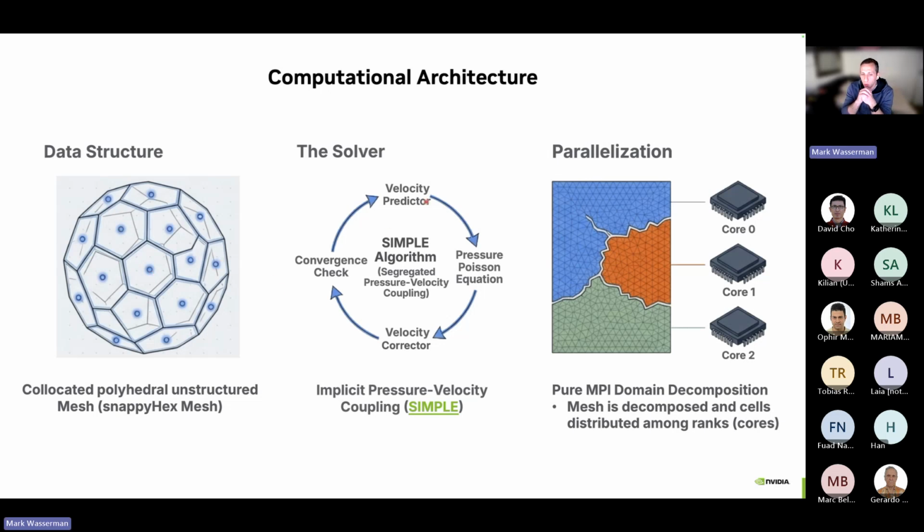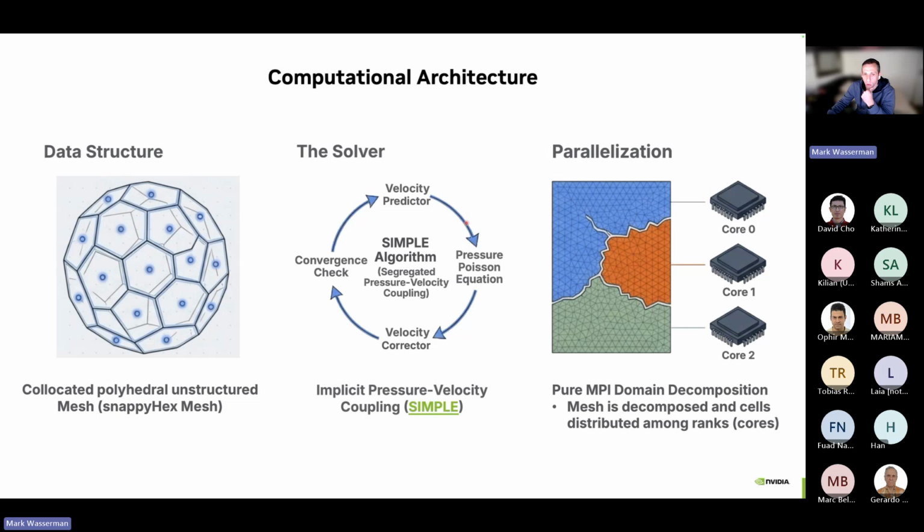The way that it solves the equations after discretization is using an implicit pressure-velocity coupling scheme called SIMPLE. It's also a very well-known algorithm that is used by many other codes as well, but OpenFOAM has an efficient implementation of it as part of its source code.